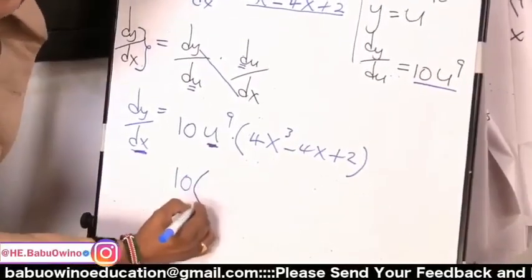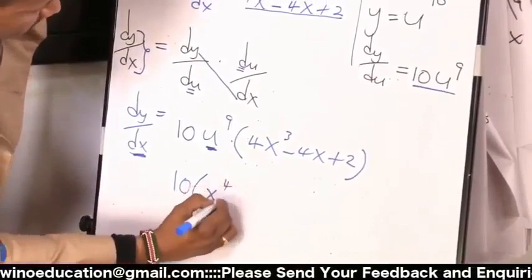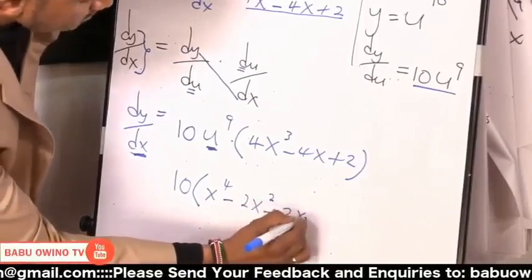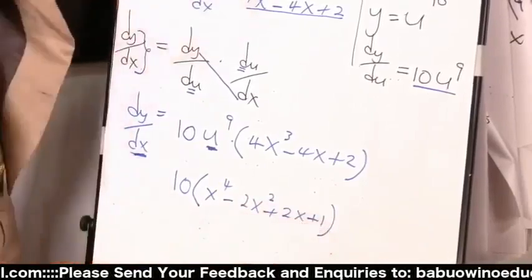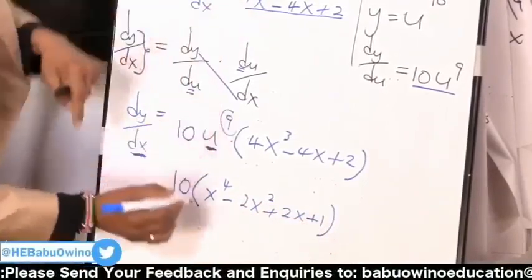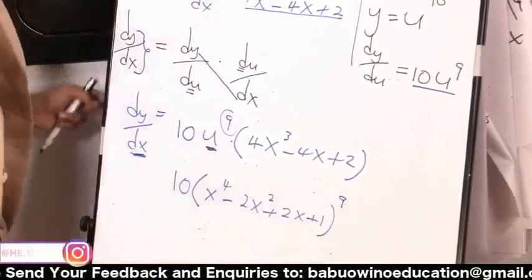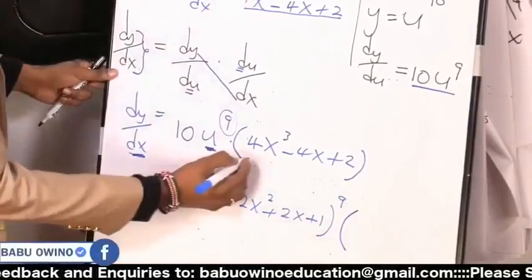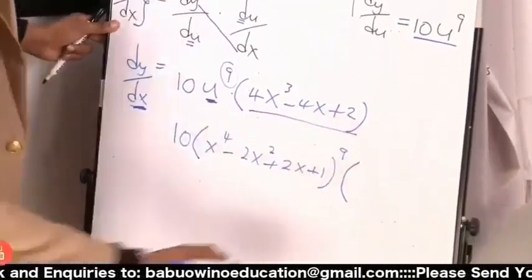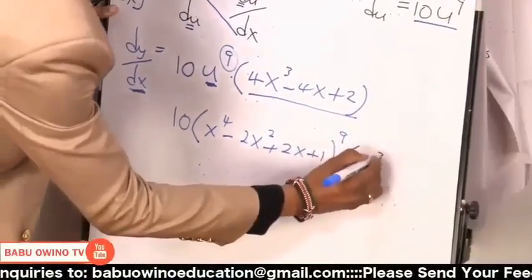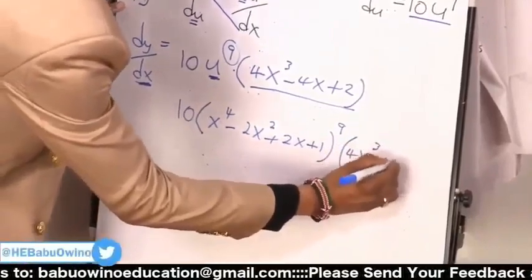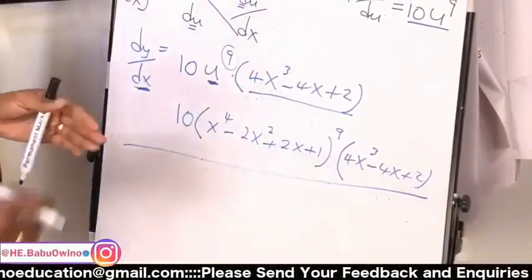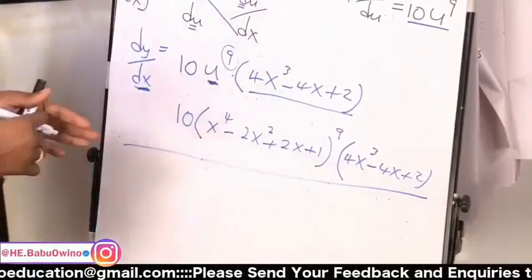So just replace u with x raised to power 4 minus 2x squared plus 2x plus 1, but it is raised to power 9. Then you multiply by du dx, which is 4x cubed minus 4x plus 2. And that's our answer for the chain rule. Very simple. We take one.